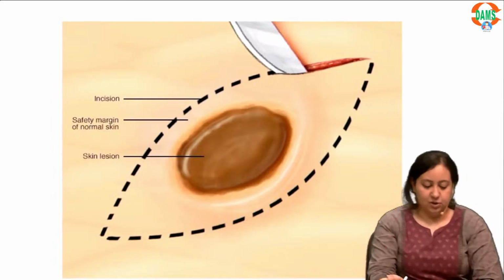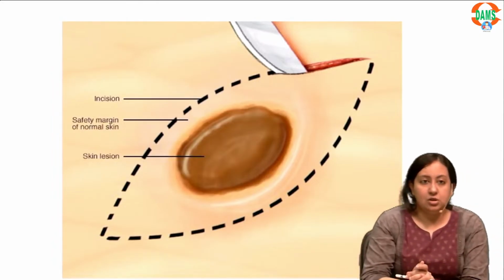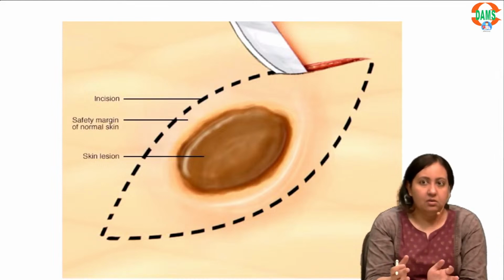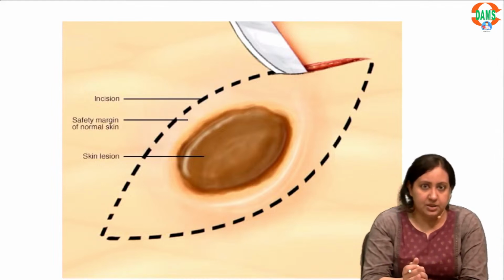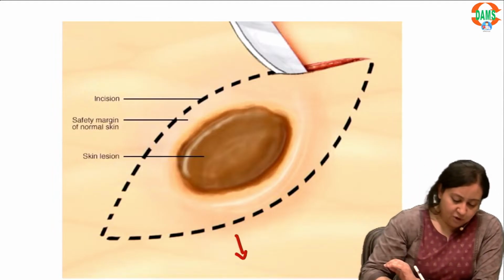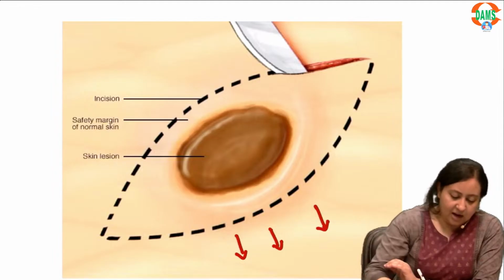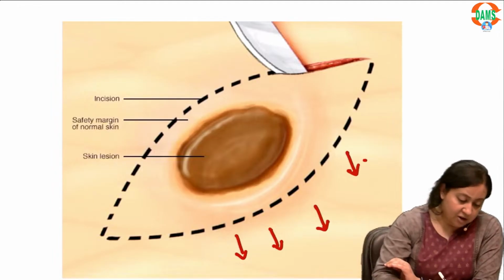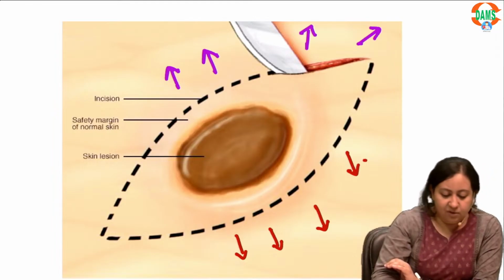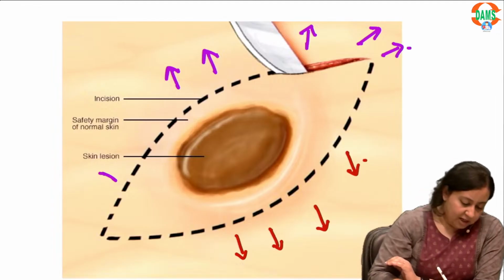Now just look at this visual. In the middle you see a lesion. So you take a safety margin and then give your incision and do the excisional biopsy. Now at the microscopic level, what if the tumor is infiltrating? It is a highly infiltrative tumor or it is a malignant tumor. What if it has spread submucosally or beneath the skin, in spite of the surface looking normal?